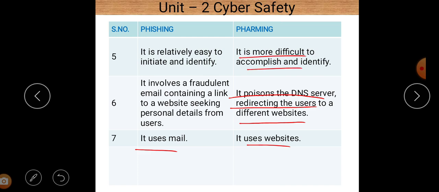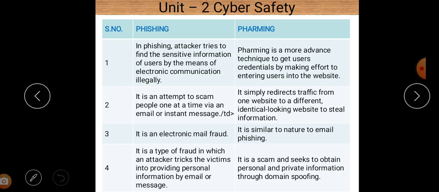Both are types of cybercrime here. So phishing is basically related to electronic mail fraud. Okay, and then the main cause of pharming is point number 2. You can easily see here. It simply redirects traffic from one website to a different, identical-looking website to steal information.